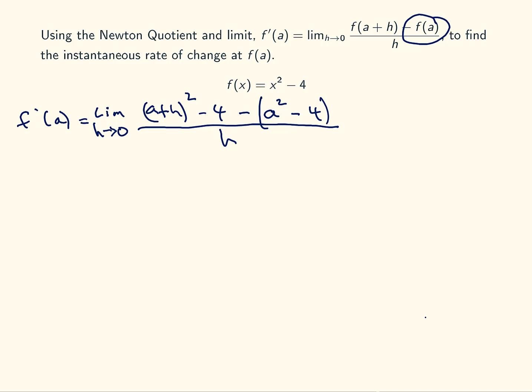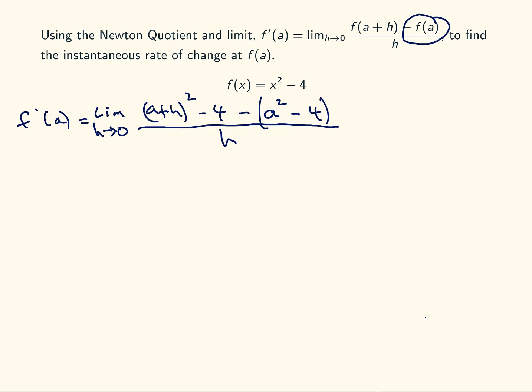So we can't just go ahead and try and evaluate the limit right away. We need to simplify. We're going to try and reorder the numerator in such a way that we can remove this h down here in the denominator.